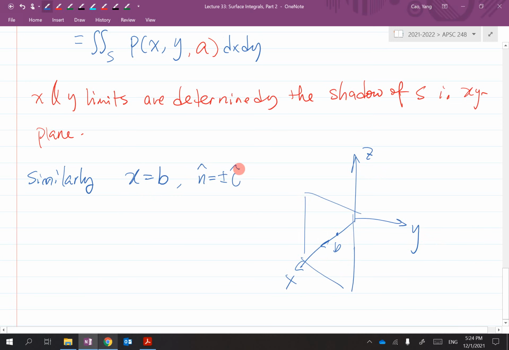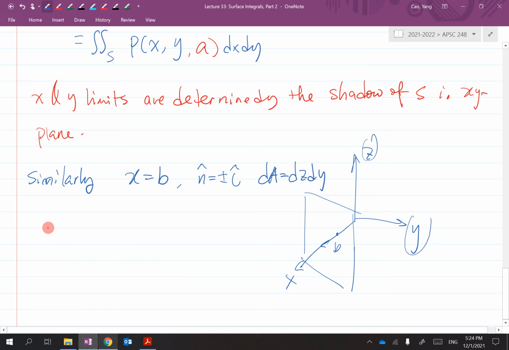And then dA, in the zy plane now, dz dy or dy dz, they're both okay. It's just the order of integration difference.